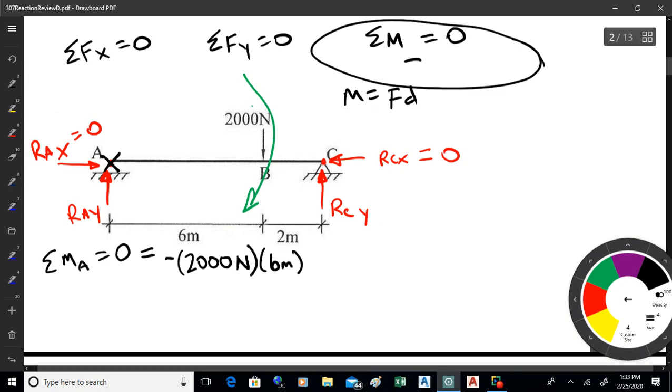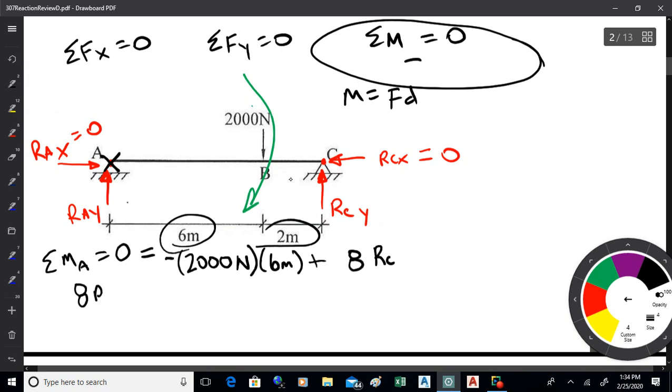And then what do we got pushing back here to hold it in equilibrium? We got RC, and what's the moment arm on that? It's 8, yeah. So remember, you're coming from A. You're taking the moments about A, so 6 and 2 make 8. Okay.